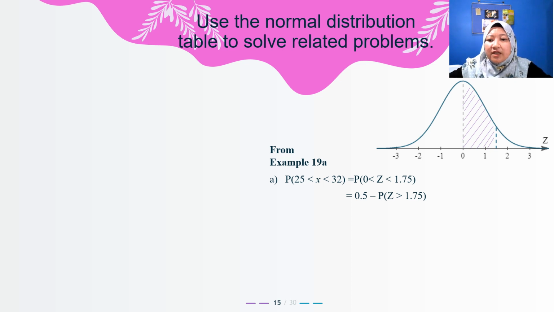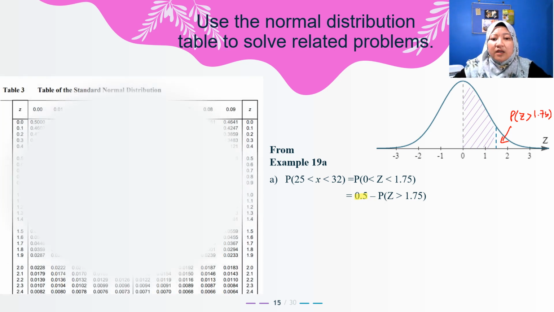So, to find this area, we have to subtract from 0.5. Okay, kita kena tolak 0.5 maksudnya the total area on the right side. Okay, kita tolak dengan kawasan yang tidak berlorek ni. Okay, kawasan ni adalah probability Z greater than 1.75.